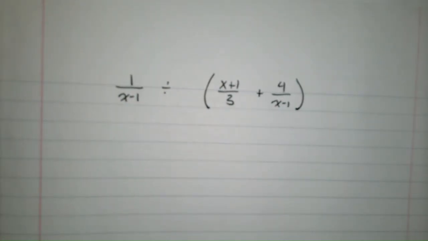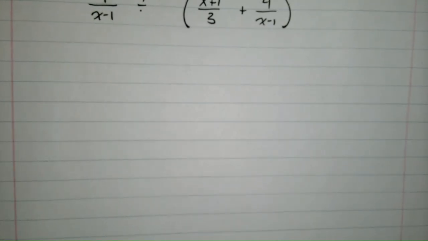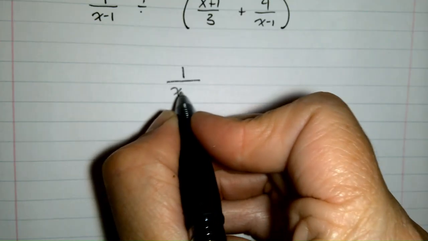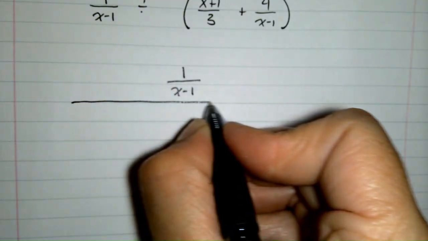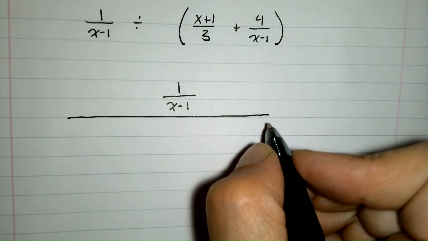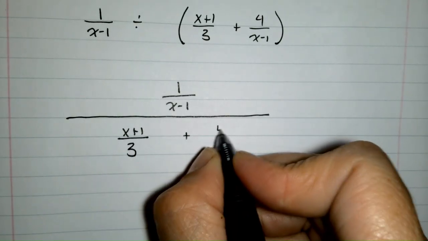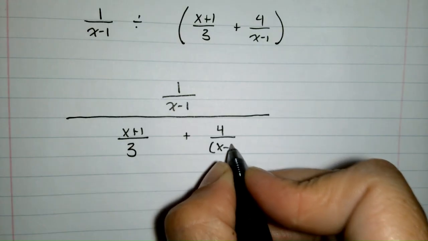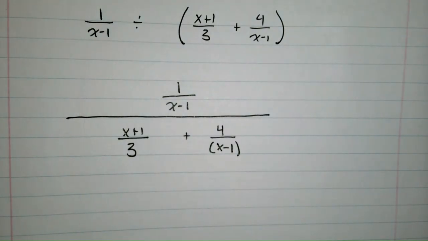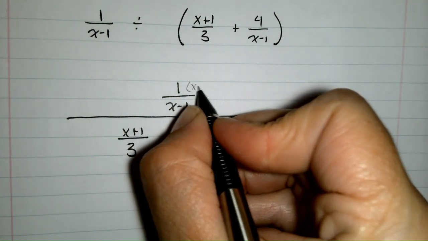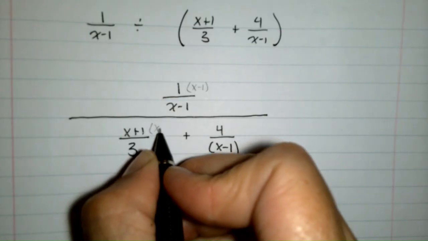Now, you could do a lot of work on this. However, I'm going to make it look worse before I make it look better. First thing, I'm going to multiply everything by x minus 1. I'm distributing it.